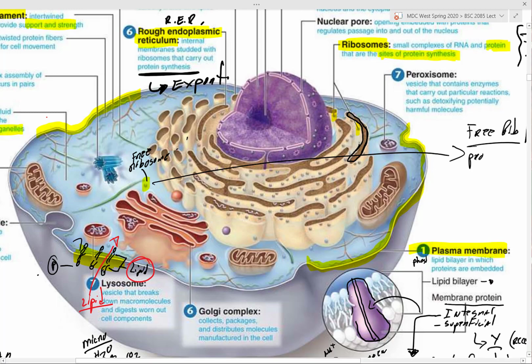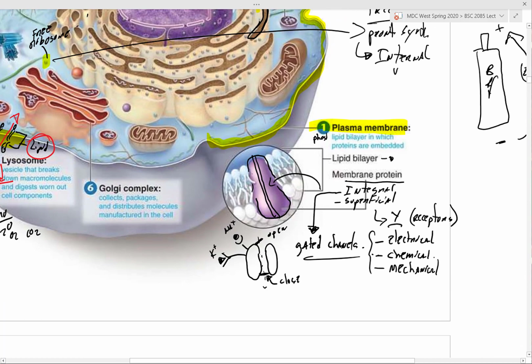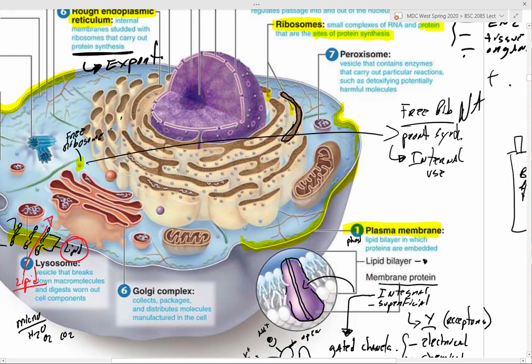So protein synthesis is the same thing. The only difference is that this one is not for export. This is for what? Import, but we're not importing anything, it's just internal use.